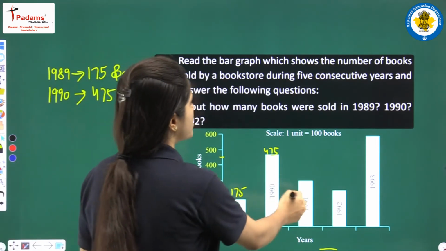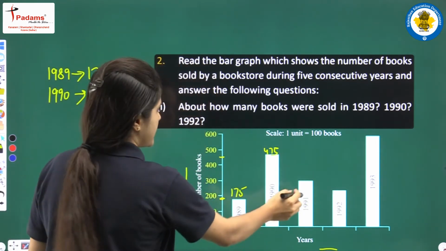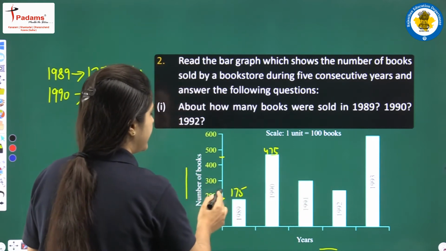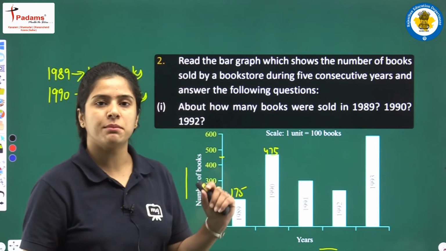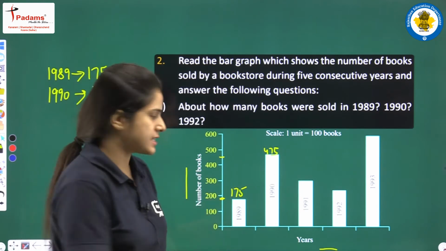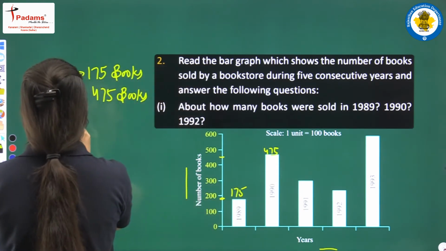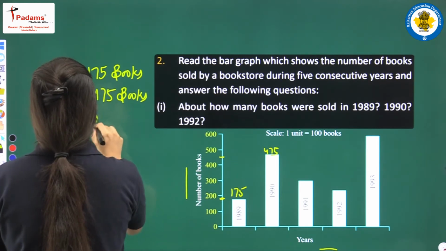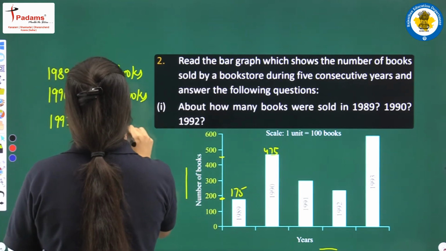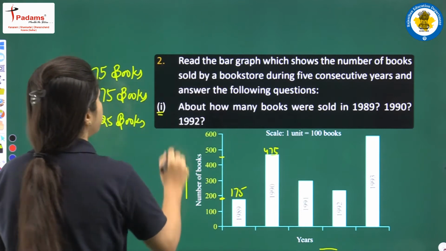Next, the books sold in 1992. Here it is clearly greater than 200 but smaller than 250 because it is not at the half of this. So it is 225 books. All right, so this is your first part.